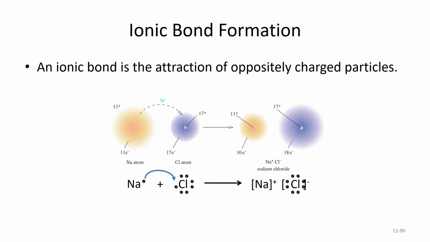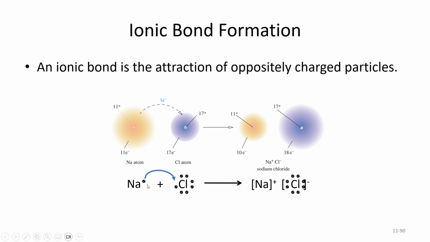So when we draw out the ionic bond formation, you can see at the bottom the Lewis dot structure for sodium and chlorine. What happens is, instead of playing connect the dots, because we can't do that with an ionic bond, if you remember, you always need to determine whether there's nonmetal interacting or metal and nonmetal interacting.